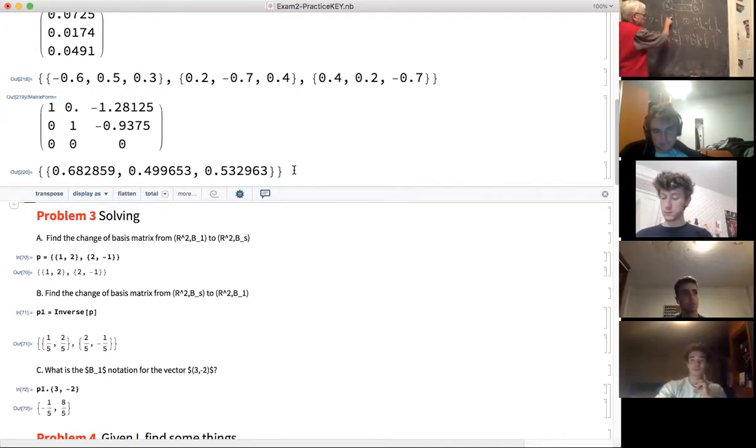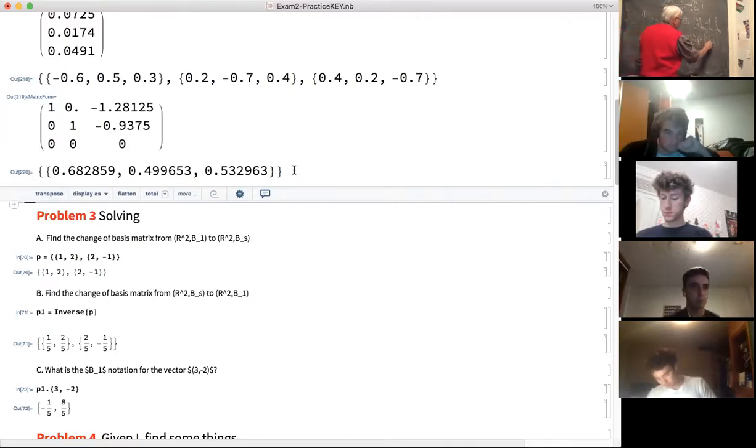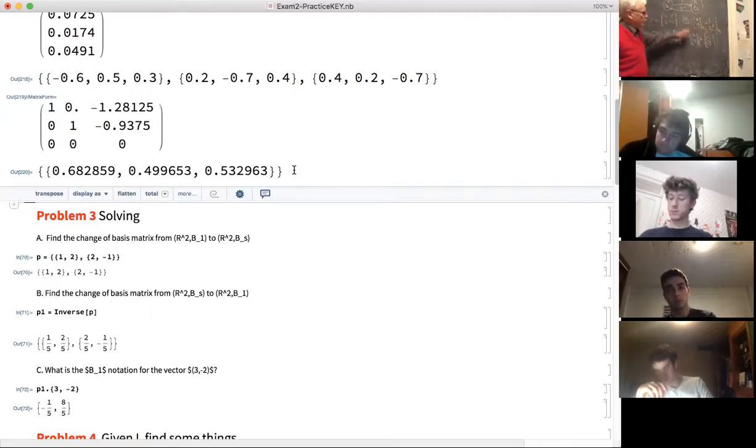So 1, 2 times this is minus 1; 2 minus 1 would be 6 plus 2 is 8. So I get (minus 1, 8). That vector in our language is (minus 1, 8). That vector in B1 is (3, minus 2). And these are equal. Even though the numbers are completely different, they're equal as vectors.